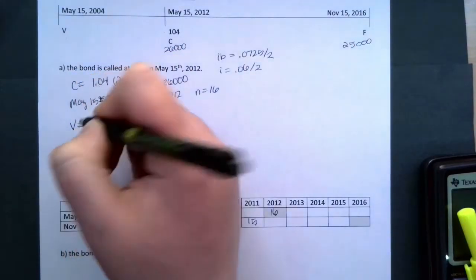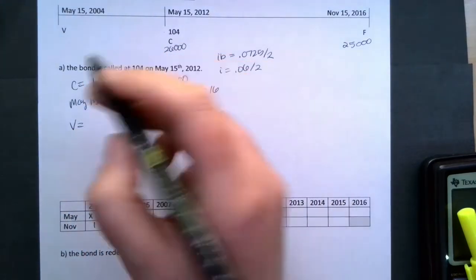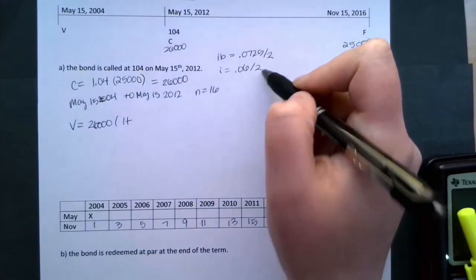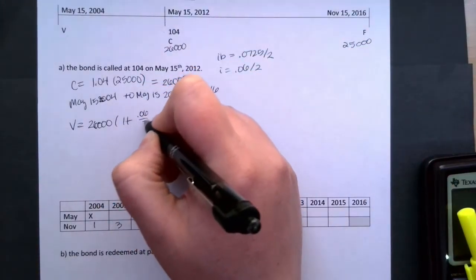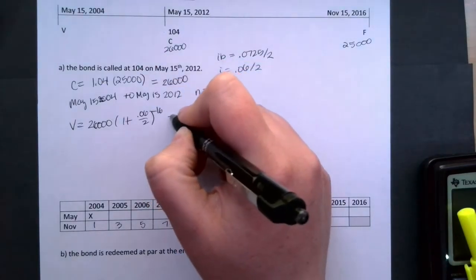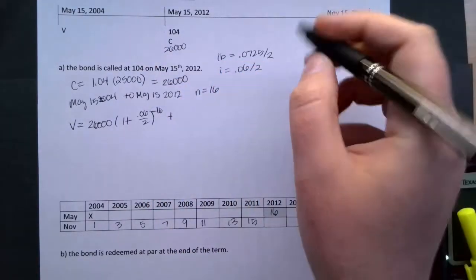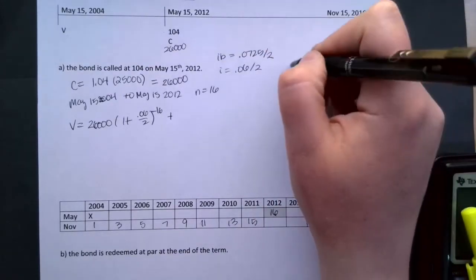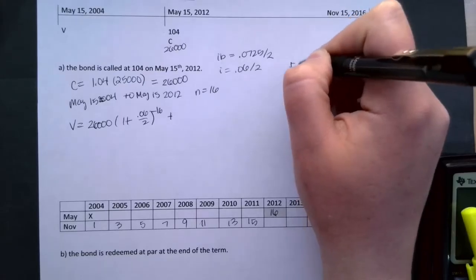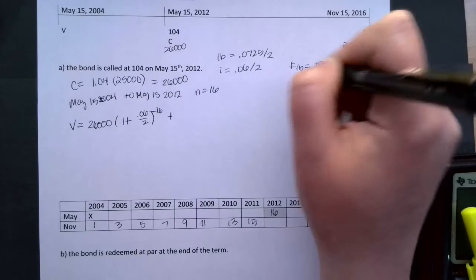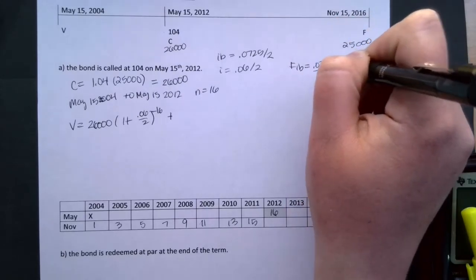So V is going to be, since we called it, 26,000 times 1 plus our I, 0.06 over 2, to the negative 16, plus our FIB. We forgot to do that part, so let's go back up. Our F is 25,000, so our FIB is going to be 0.0725 over 2, that's our IB, times that 25,000.